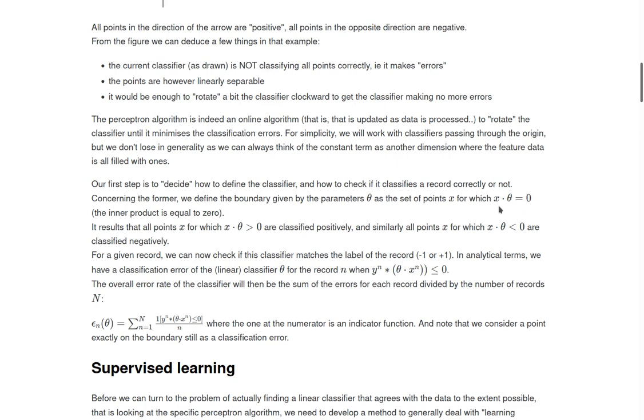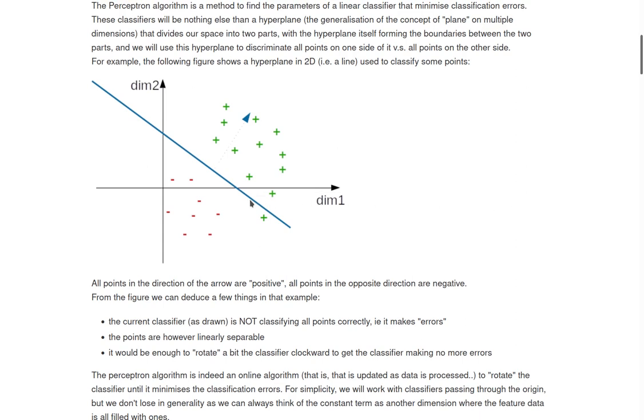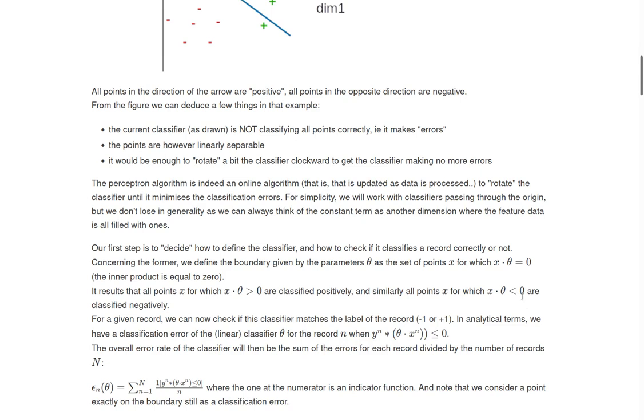So x is d-dimensional. Let's keep d as the number of dimensions, and the same for theta. So wherever the inner product is equal to 0, this point x is on the boundary of the hyperplane with parameter theta.